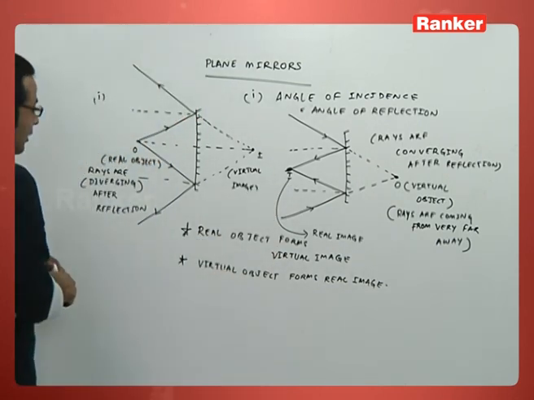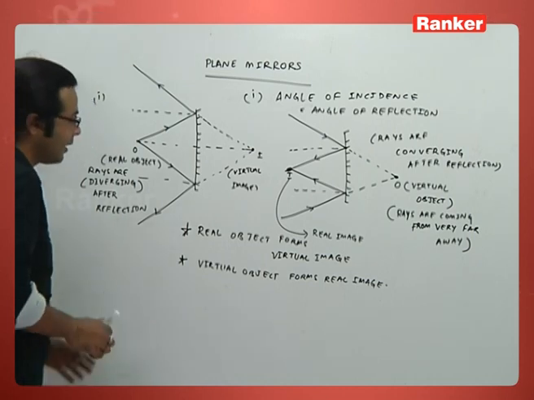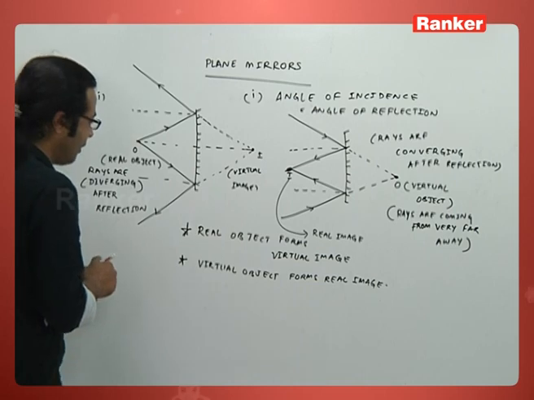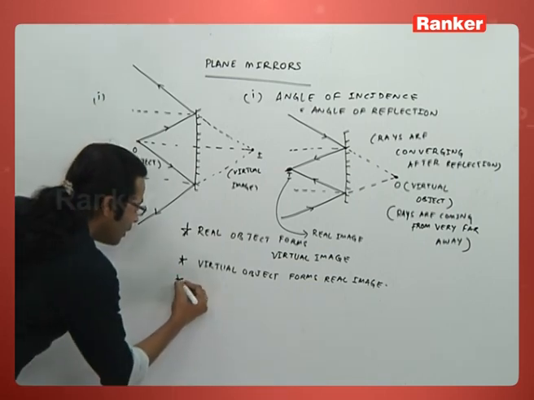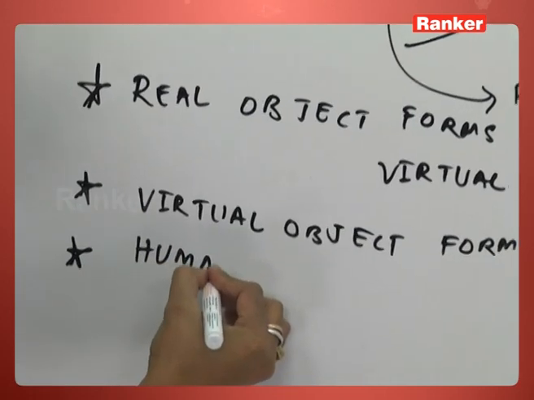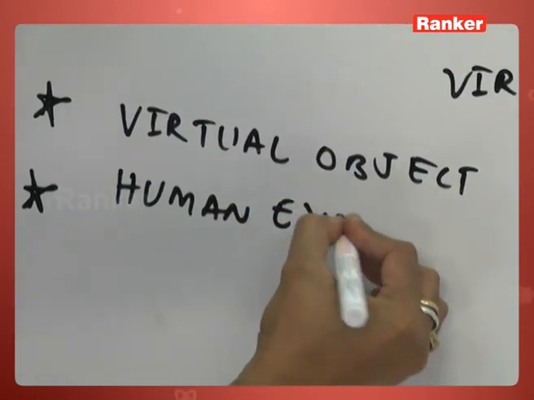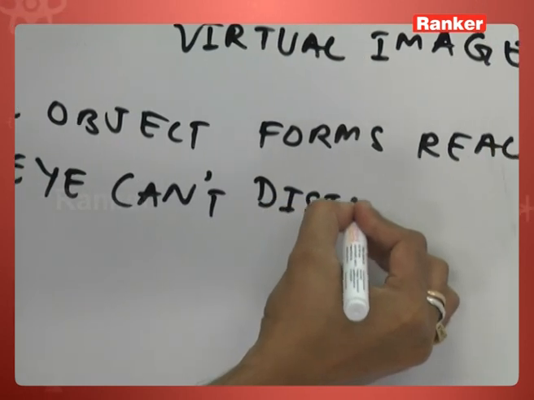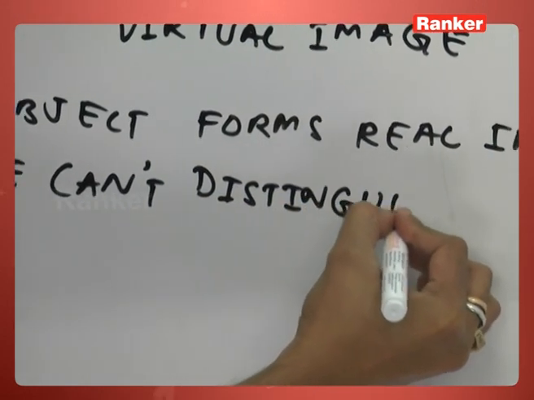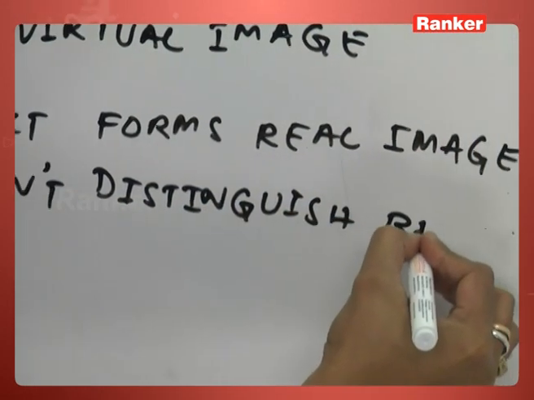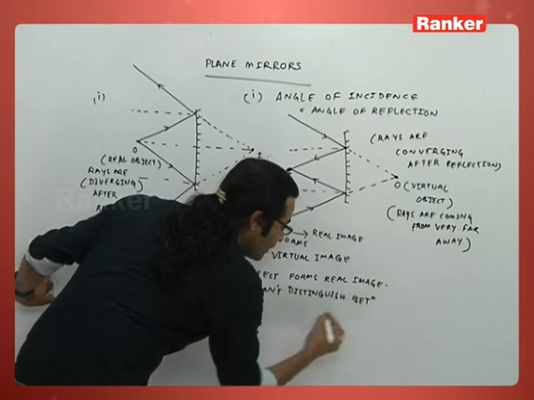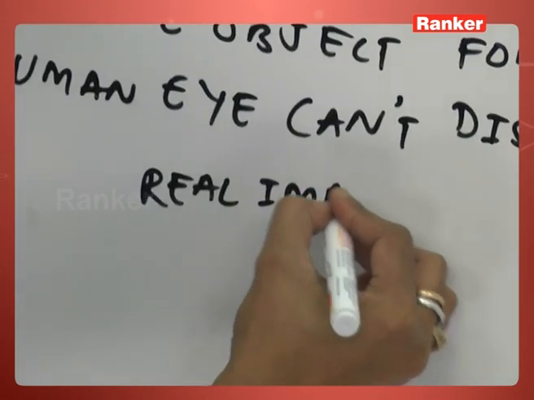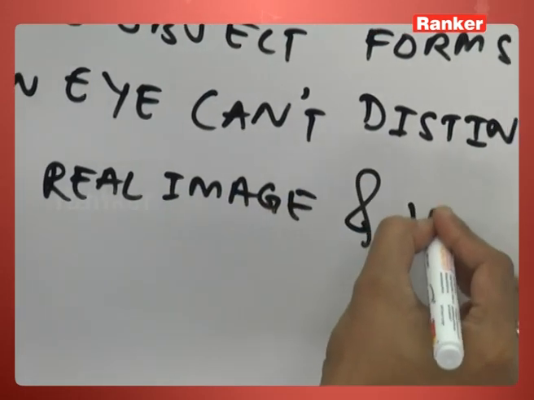Now one thing here I want to mention, this is a virtual image. So I can make one point over here: the human eye can't distinguish between real image and virtual image.